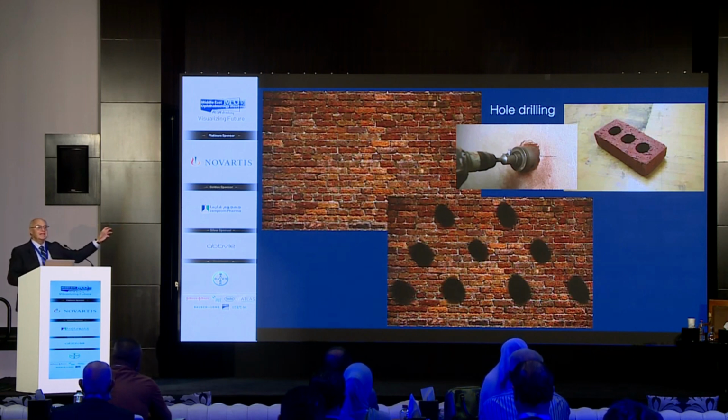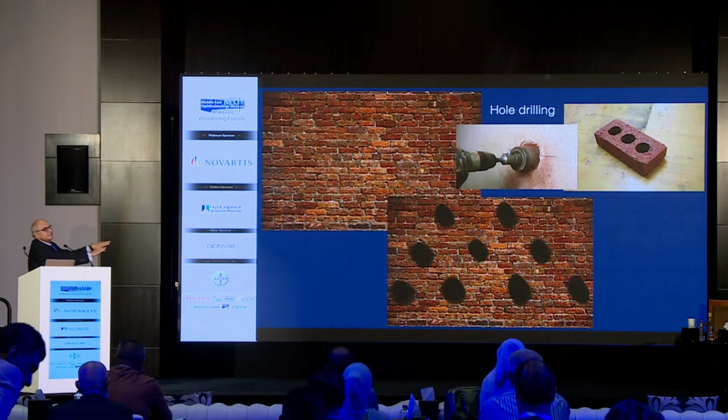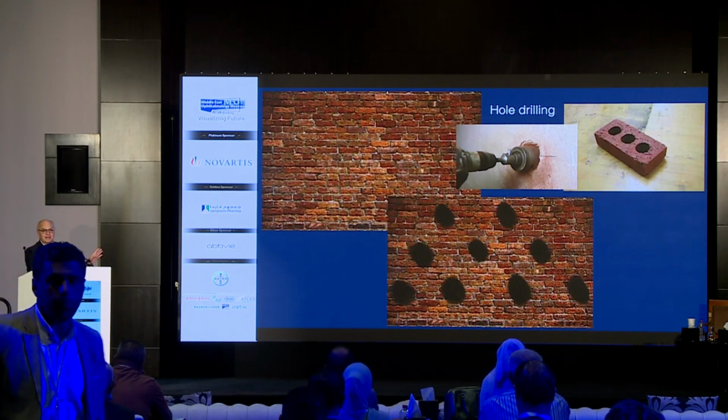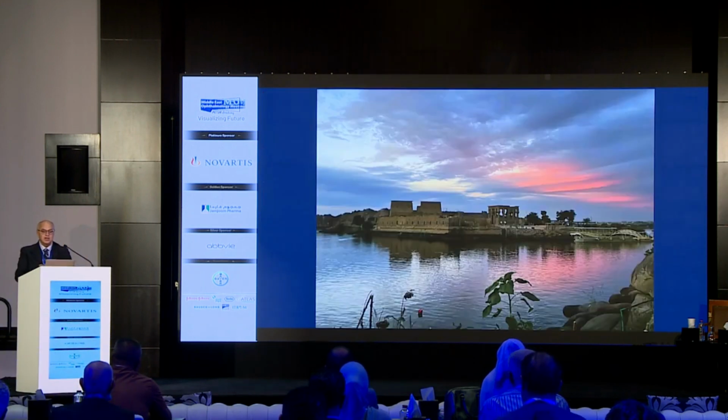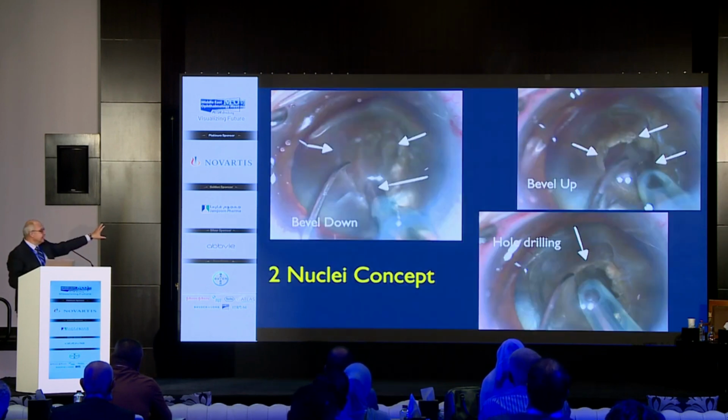Hole drilling technique is an additional thing if you face a very, very, very hard nucleus. So you want to weaken this shell that you have. Like if you want to tear down a wall, the easiest way is to make holes in it and then just push it, it will crack, it will fall. So this is just an introduction of how we should approach such cases.